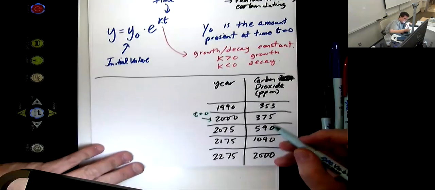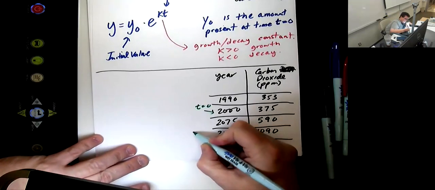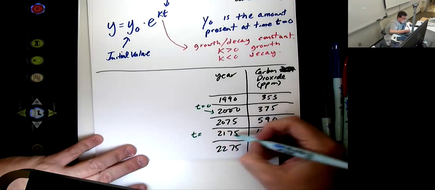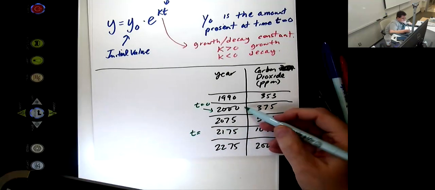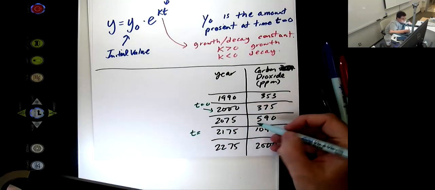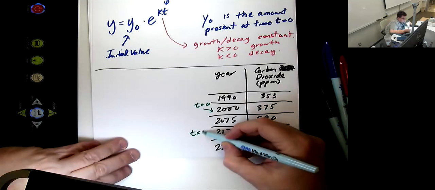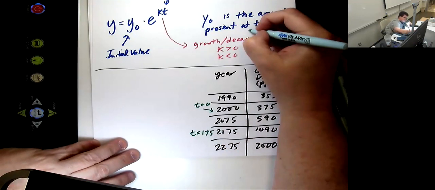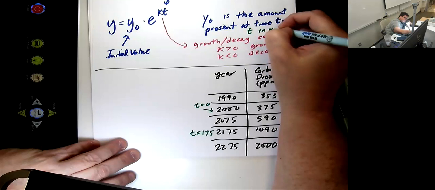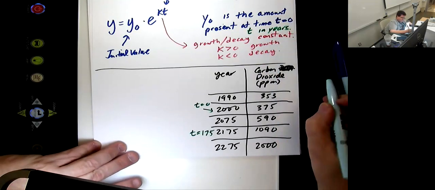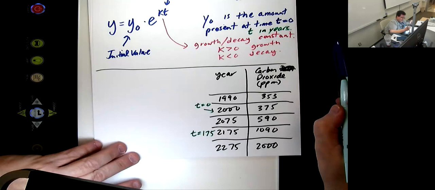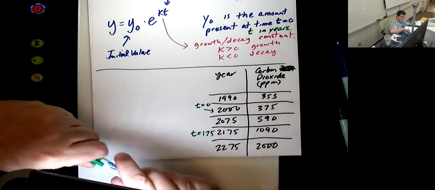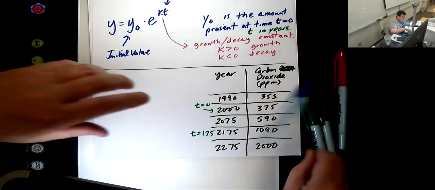So if I do 2175, what would t equal if 2000 is 0? It'd be 175, because this is time in years. So that's how we're going to take advantage of this.